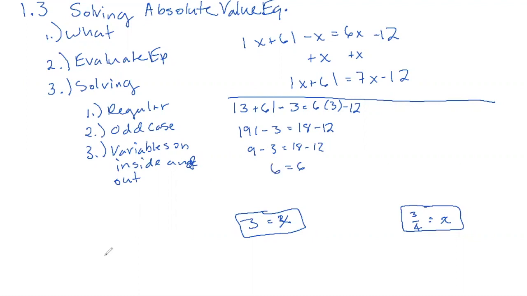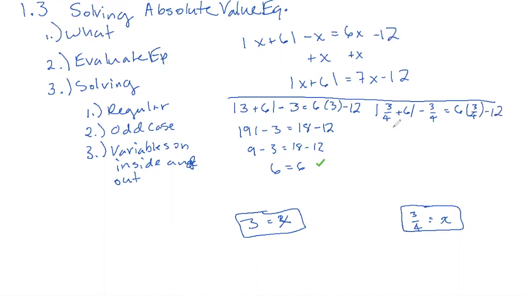It checks out. And so we can guess the other one probably won't work out, but we still need to check it. So let's see. We've got positive 3/4 plus 6, minus 3/4, equals 6 times 3 over 4 minus 12.